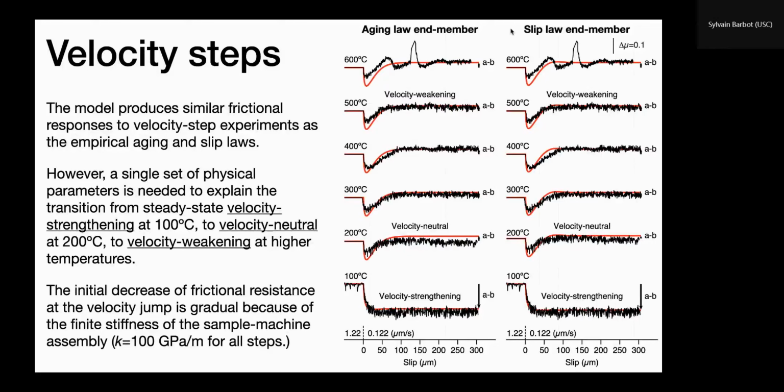The second observation is that if an empirical friction law can fit this data, the physical one will fit it as well. So there's no caveat. We lose nothing in using the physical model, we only gain something. We can explain the data with a single set of parameters.